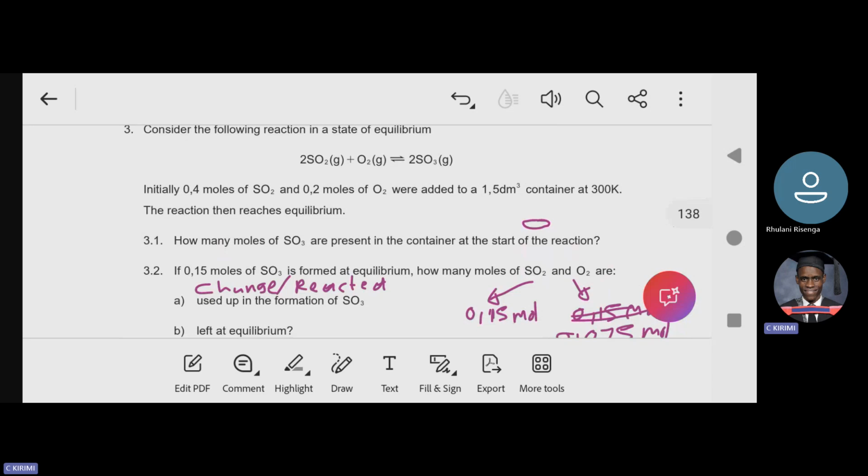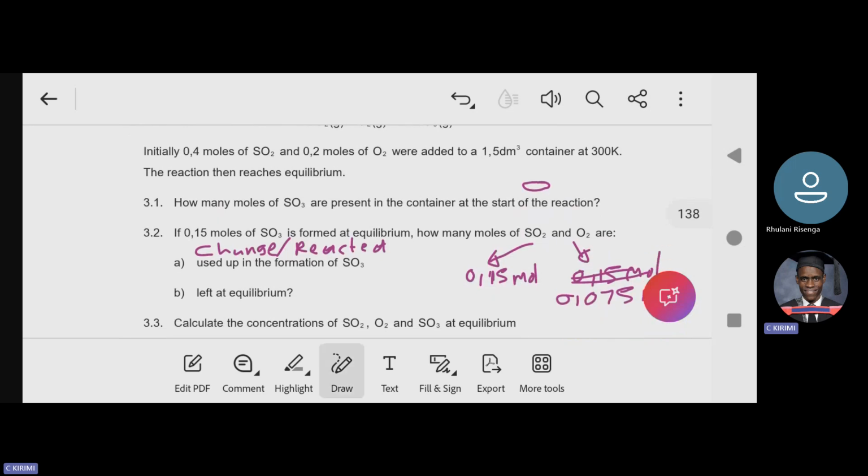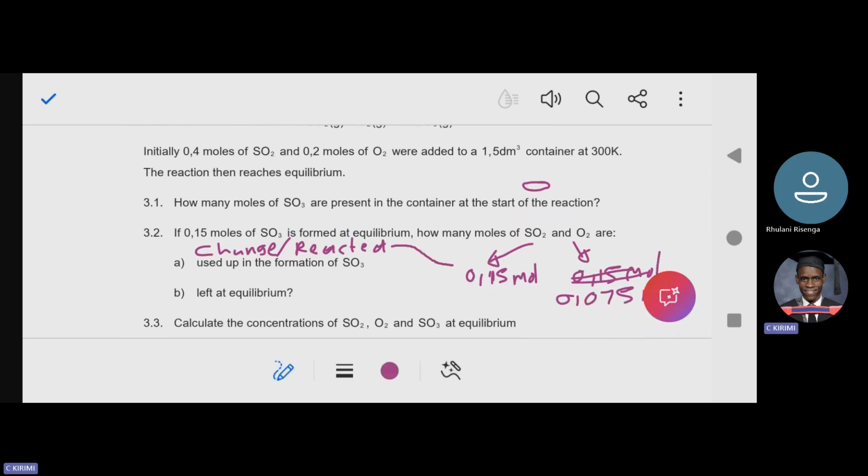You don't add. These are the number of moles that reacted. So if something reacts, initially we're having some moles. Then when you react that, do you add or you subtract?